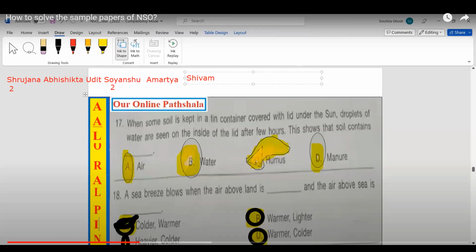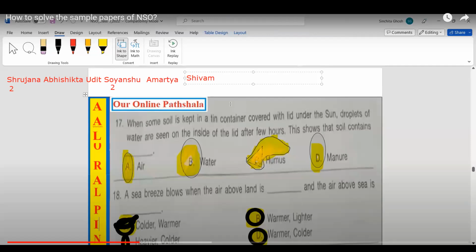Ma'am, I want to. Yes. Wait, Shivam, do you want to challenge Amoto? Yes, ma'am. So, according to you, which is the correct answer, beta? The air above the sea is warmer and above the land is colder.